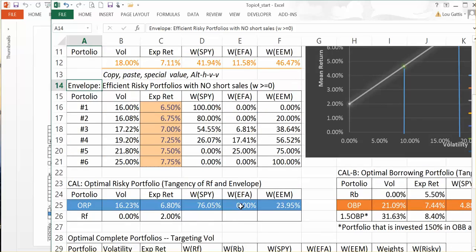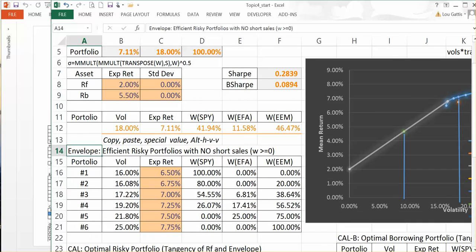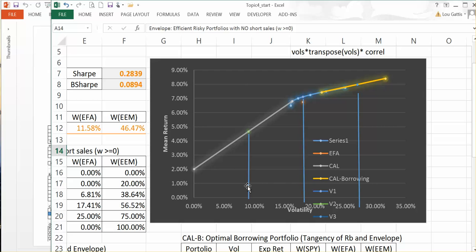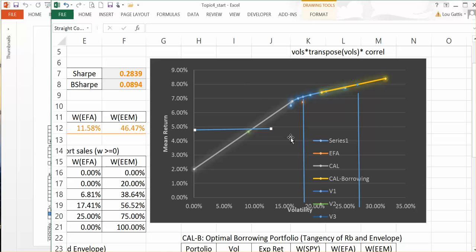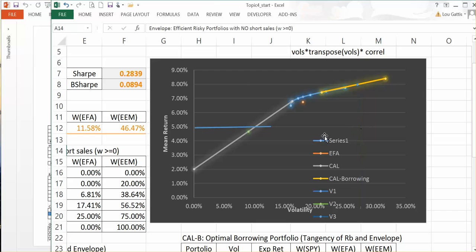And then last thing, what if I wanted to attack the problem a different way? You couldn't articulate what risk you wanted, but say you wanted a 5% return. I could try to find a portfolio on this envelope, on this line segment that provides a 5% return, and then we'll pick two other levels of return, say 7.